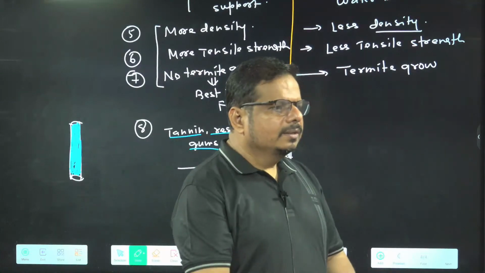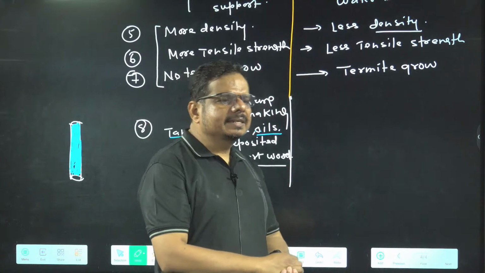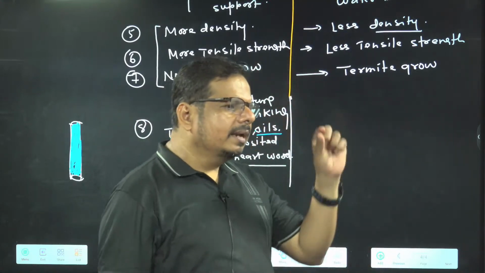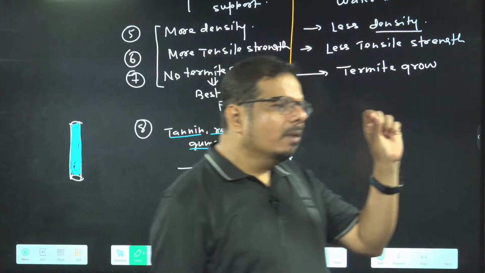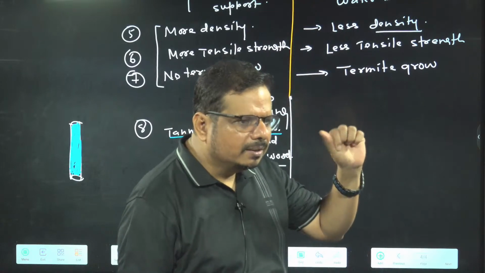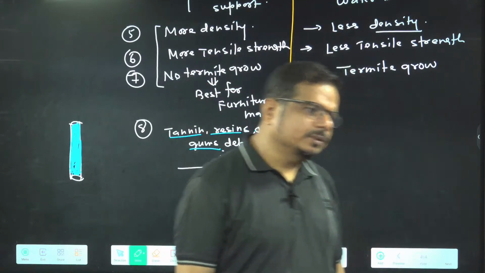When you purchase softwood furniture, what will you find after some time? Powder starts coming. You find powder coming down from furniture in your house. Getting the things or not? That means it is made up of which wood? Softwood.